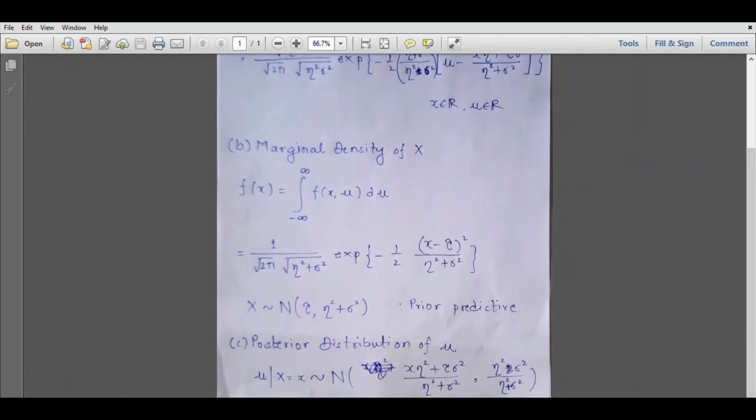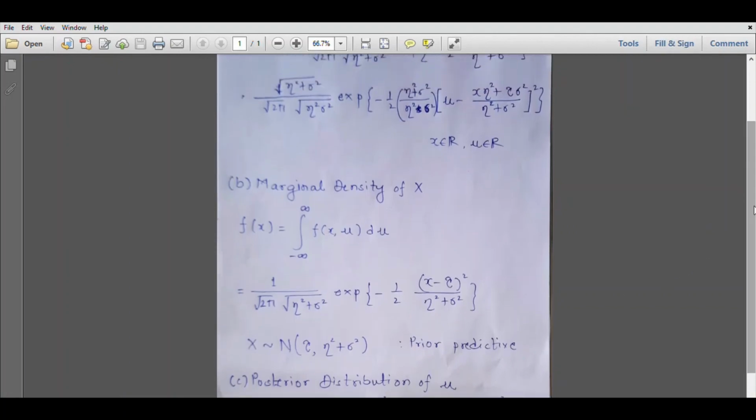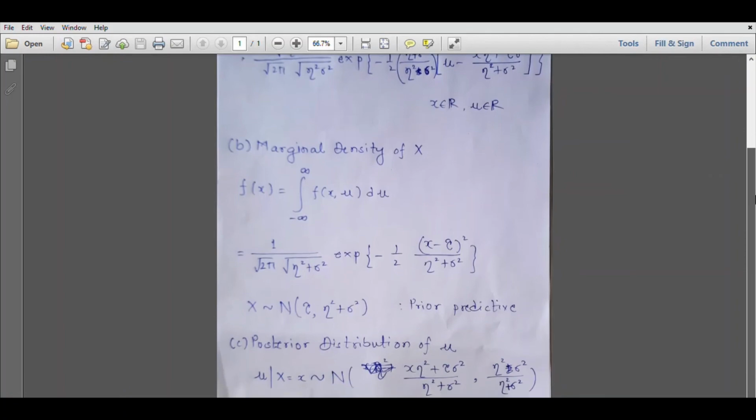So thus the posterior distribution of mu is again normal with mean x eta square plus tau sigma square upon eta square plus sigma square, and the variance will be the reciprocal of this term, which is eta square sigma square upon eta square plus sigma square.